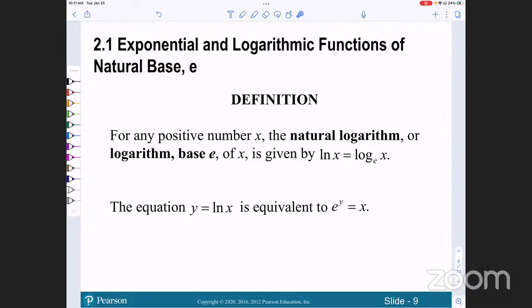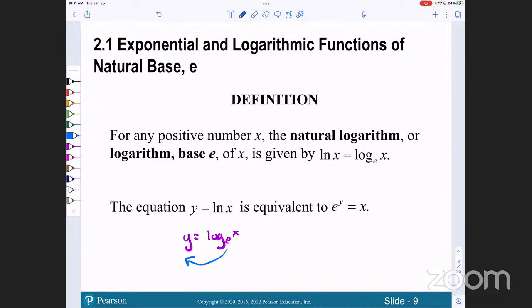So with this, let me do the following. y equals the natural log of x. We said that natural log of x is log base e of x. So this is going to be y equals log base e of x, right? Whenever we want to write logs as exponents, we basically swing the base.